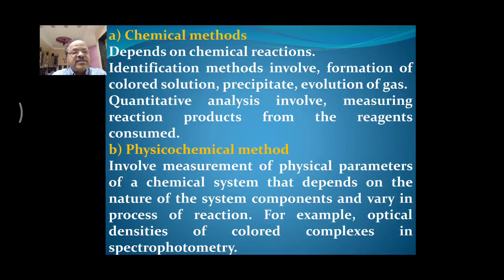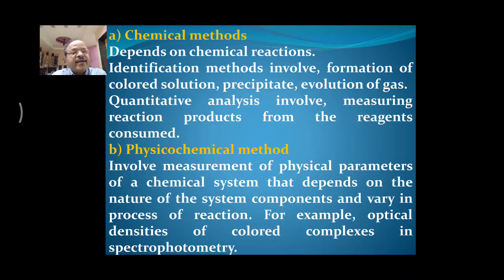So this is the A and B system of components, and it varies in the process of reaction. As time passes, the product obtained will vary in its percentage. More and more product will be obtained. So the optical density will also get changed.